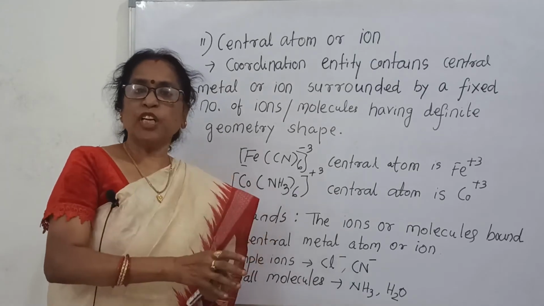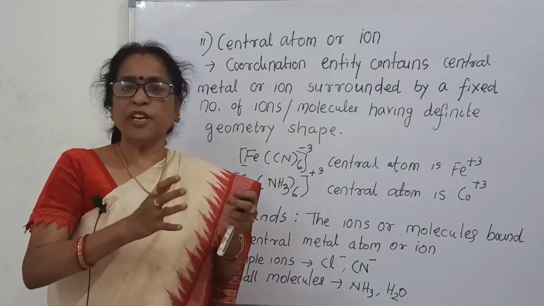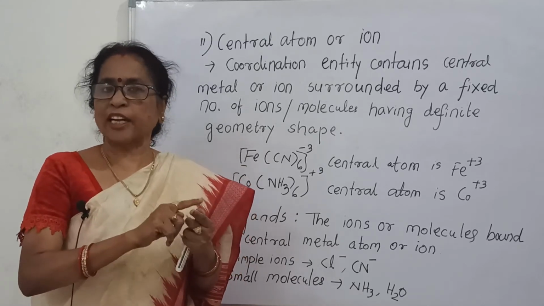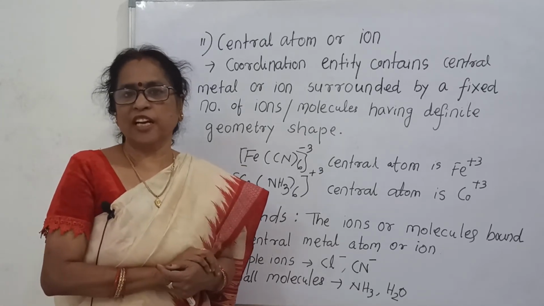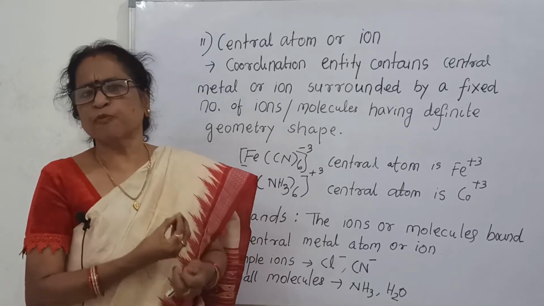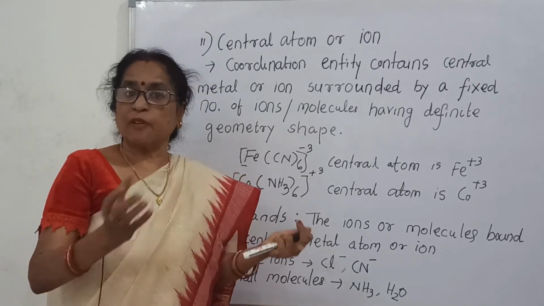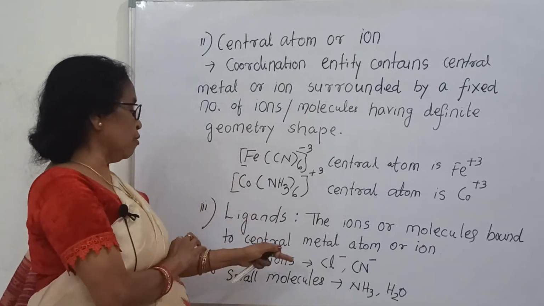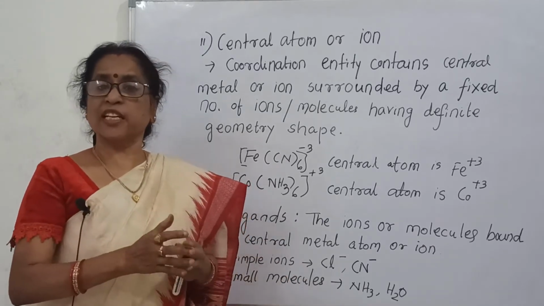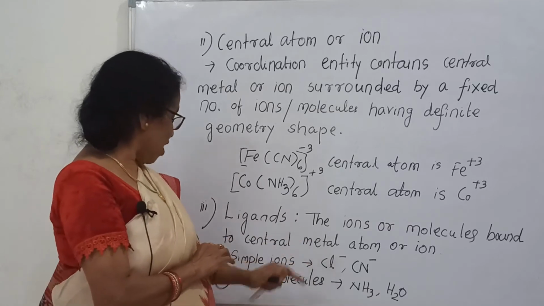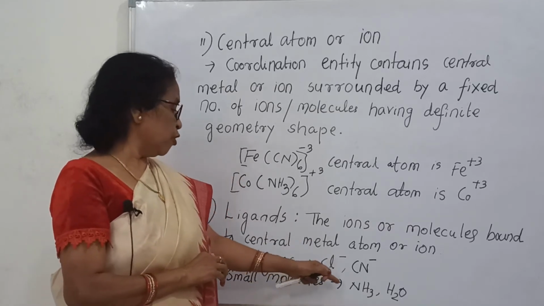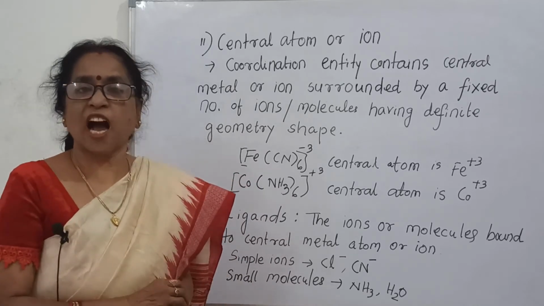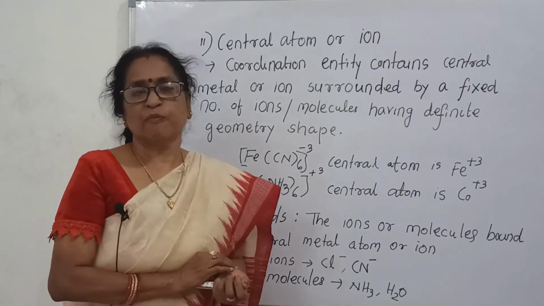Ligand means the molecules or ions, how many ions, how many molecules are attached to the central metal atom or ion. These are called ligands. Ligands may be very simple molecules or very big molecules. That means simple ions Cl minus and CN minus, small molecules ammonia and water. Next we will see what are the big molecules that can attach to the central metal ions.